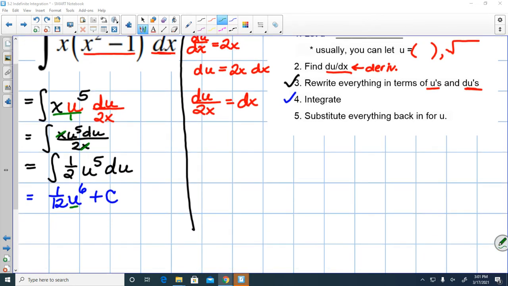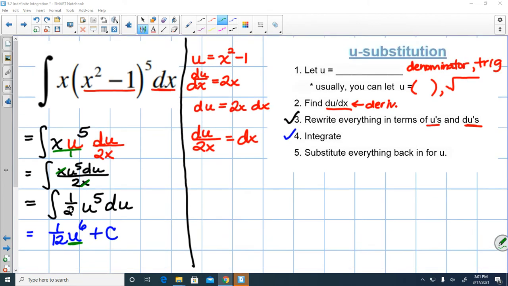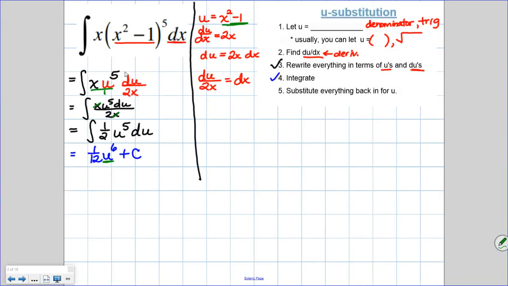So I'm going to replace this u with the u that I have up here, x squared minus 1. So zoom out so you can see the whole picture. I have my integral is 1/12 times, instead of u, x squared minus 1 to the 6th power plus a constant. And this is the indefinite integral of the original problem.